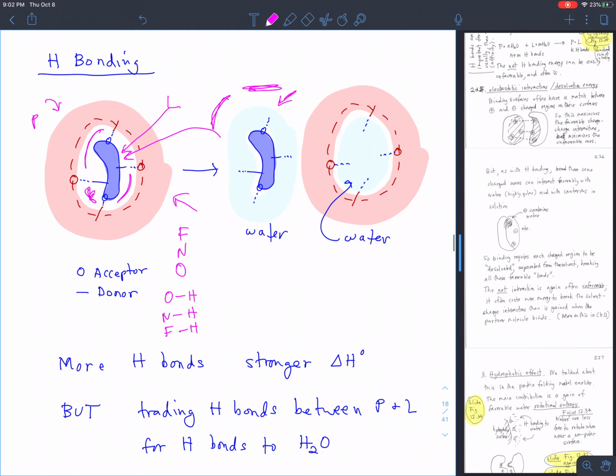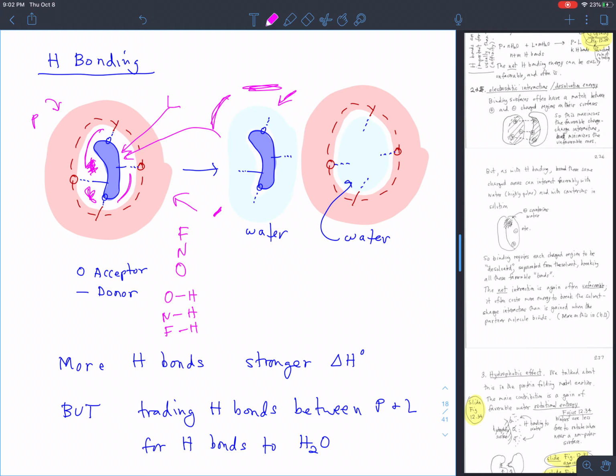In fact, you could easily lose hydrogen bonds. And the hydrogen bonds in the protein aren't necessarily of the same strength as the ones in the water. Usually they're a little stronger, in fact. So you might gain a little bit of binding energy, break the weaker water ones, make stronger new protein ligand ones, but not necessarily. It can easily go the other way.